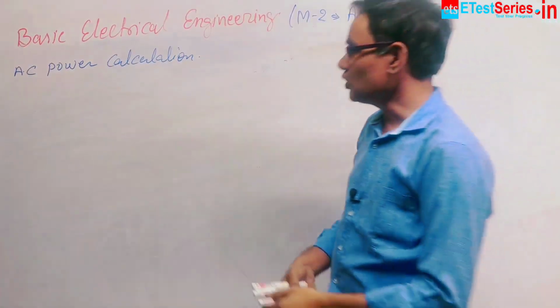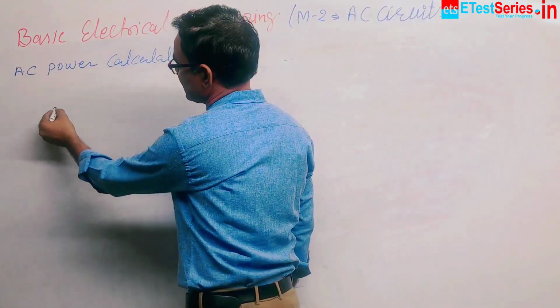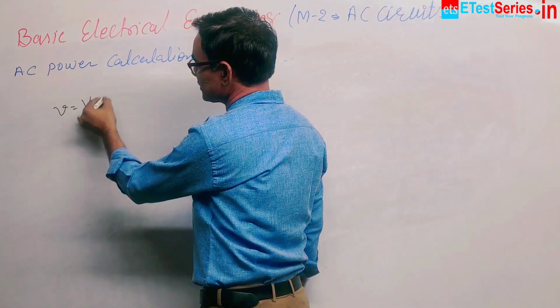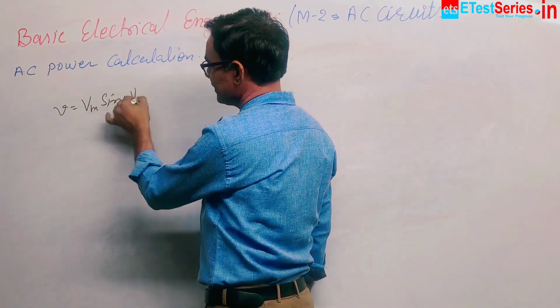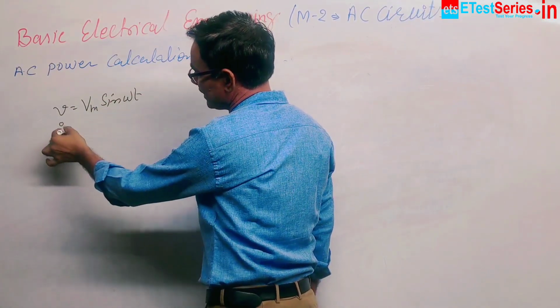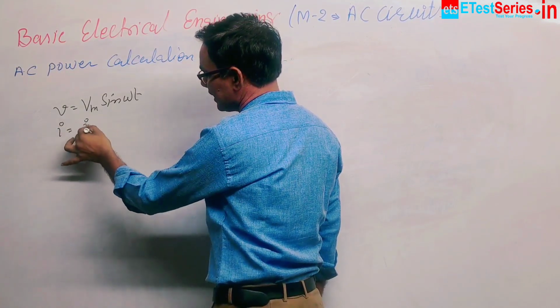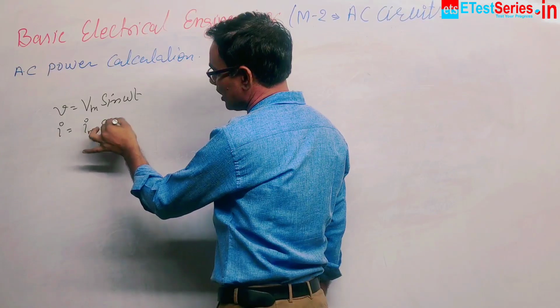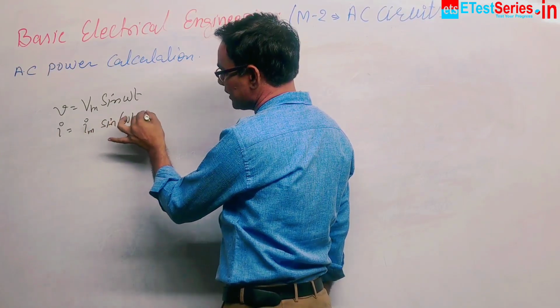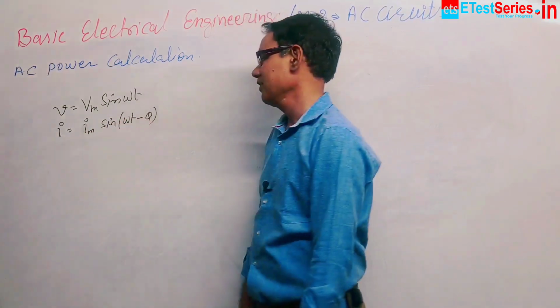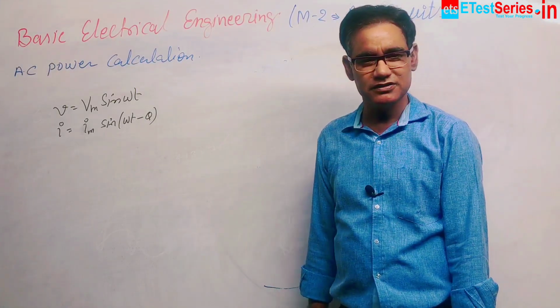Suppose we have a voltage Vm sine of omega t, and the current in the circuit is Im sine of omega t minus theta. Or it may be plus theta.